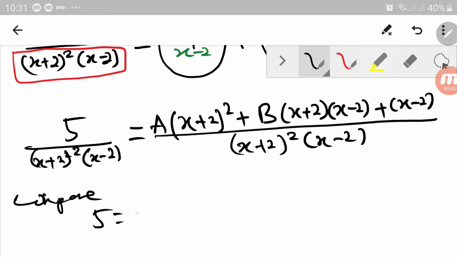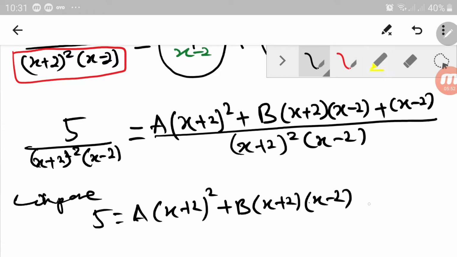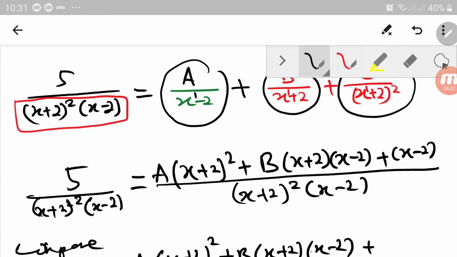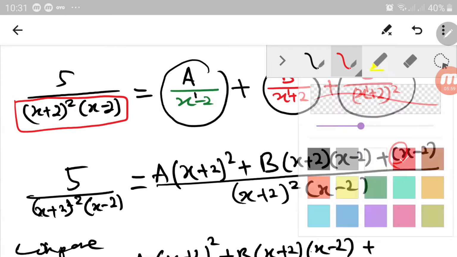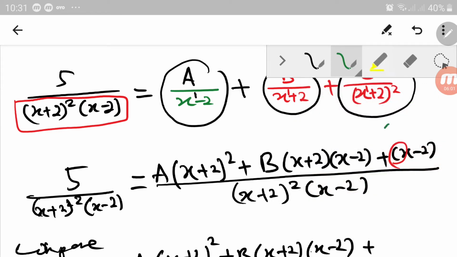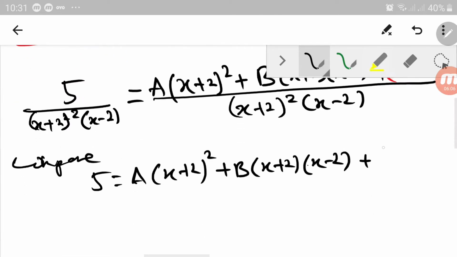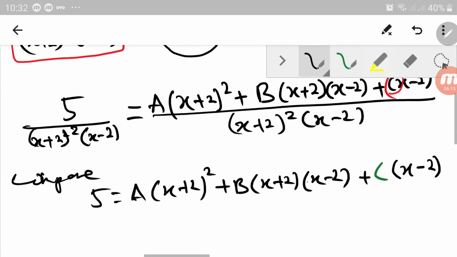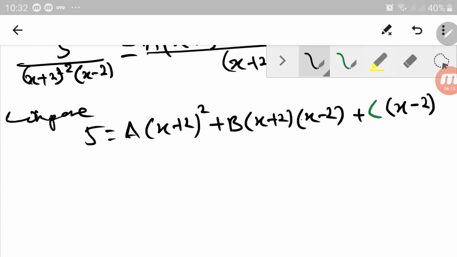So 5 equals A(x + 2)^2 plus B(x + 2)(x - 2) plus, oh no, I just realized I use the letter C and I confused the C with a bracket. So instead I use a different color, C(x - 2). Correct.